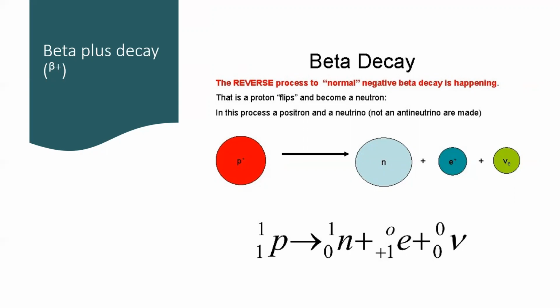A positron has the same properties as an electron, but its charge is positive, opposite to that of the electron. And a neutrino is made. This time not an antineutrino, but a neutrino, which is also chargeless and massless. So this is the equation when a proton converts into a neutron and a positron is emitted in beta plus decay.